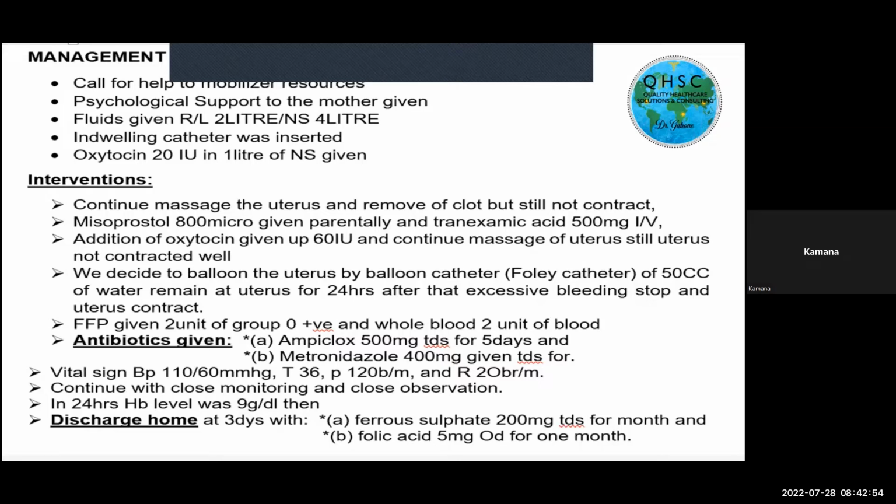To add on the previous discussion, in our setting, IM oxytocin is used as active management of the third stage of labor for prevention of postpartum hemorrhage. IV infusion is always used as a treatment for postpartum hemorrhage after PPH has occurred.